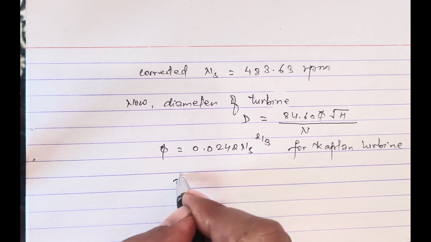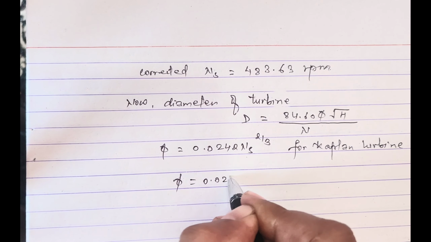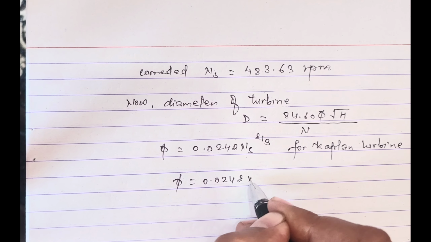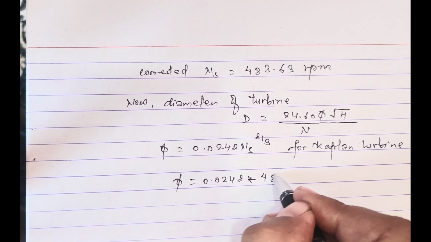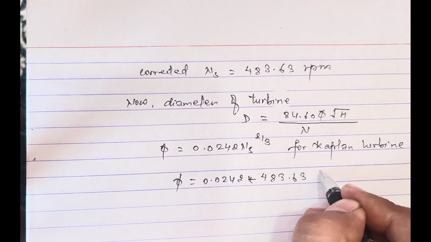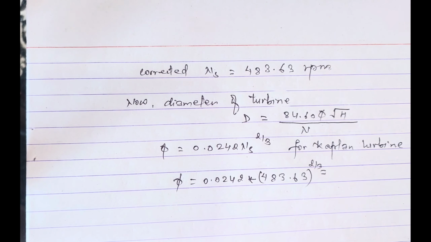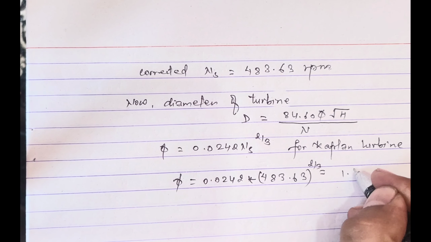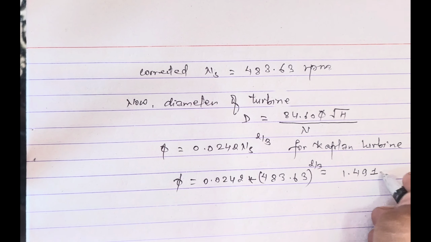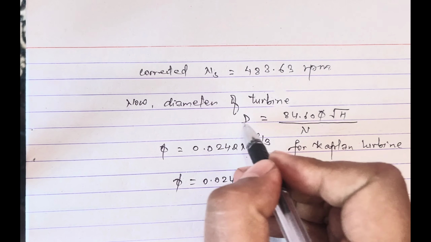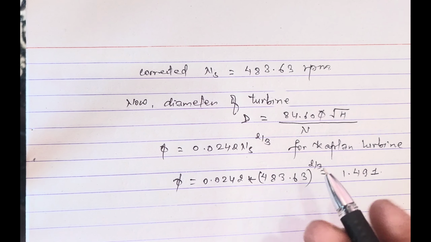So phi equals 0.0242 into Ns, which is 483.63, equals 1.491.